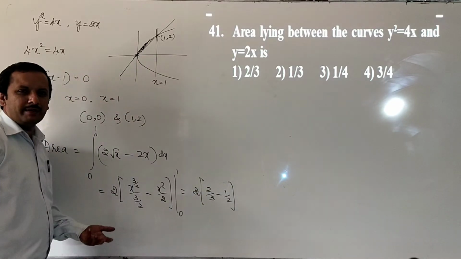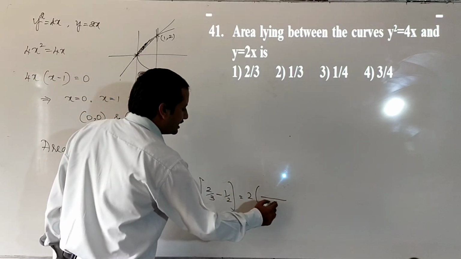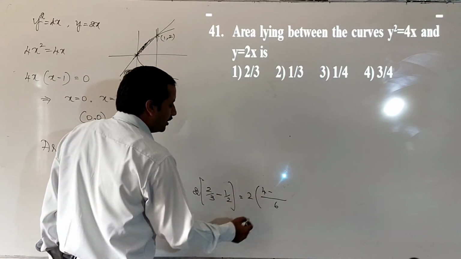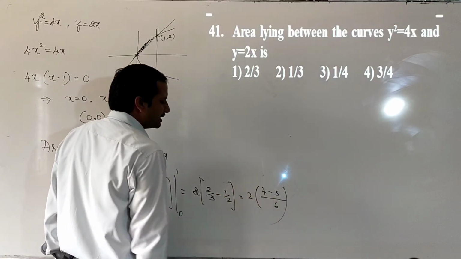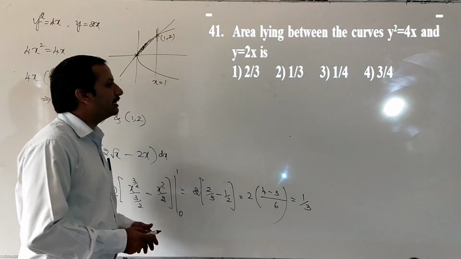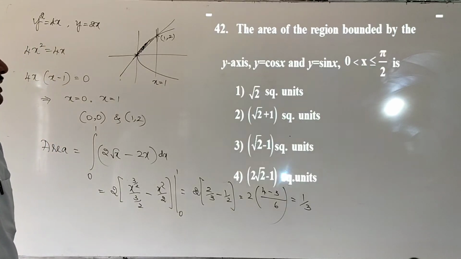When I apply the lower limit, both the terms will become 0. So you get 2 into, take LCM, 6 is LCM, 3 2s are 6, 2 into 2 is 4 minus 3. So 1 by 6, 2 into 1 by 6 is equal to 1 by 3. So second option, 1 by 3 square units is the answer.